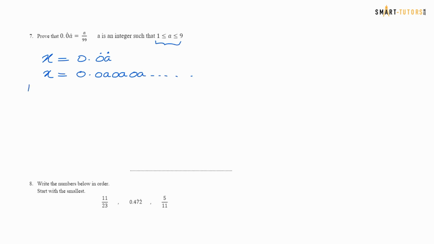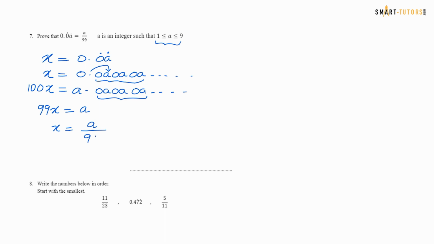I'm going to multiply by 100x to make sure I get the same decimal part. So 100x means 2 jumps. So the answer is going to be a.0a 0a 0a and so on. So the same decimal part. Take away one from the other. So 99x equals a. So x equals a upon 99. That is the answer for question number 7. a upon 99 is the answer.